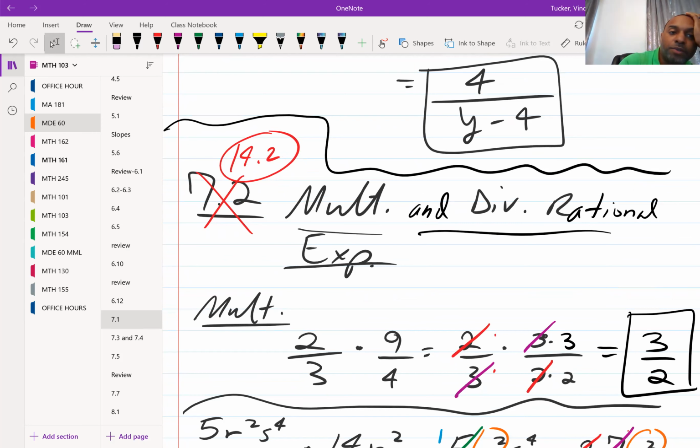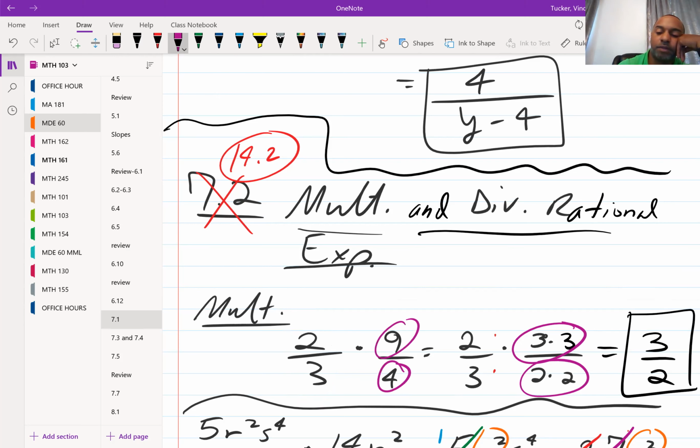One thing I can do is break them down, factor them, at least into prime factorization. 2 and 3 can't be broken down, so they stay the way they are. 9 breaks up into 3 times 3, and 4 breaks up into 2 times 2.